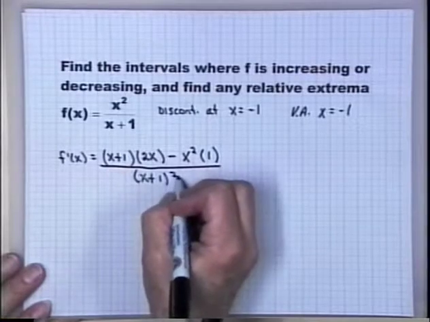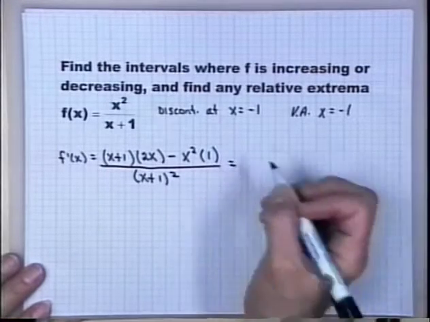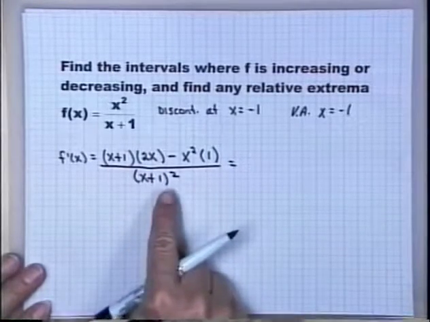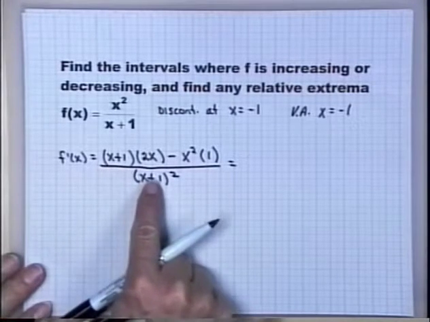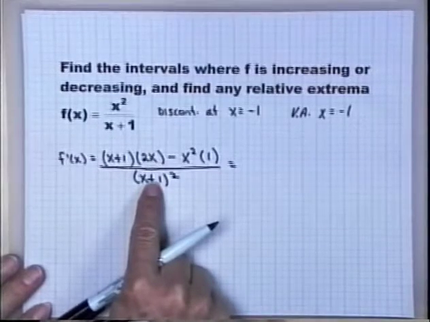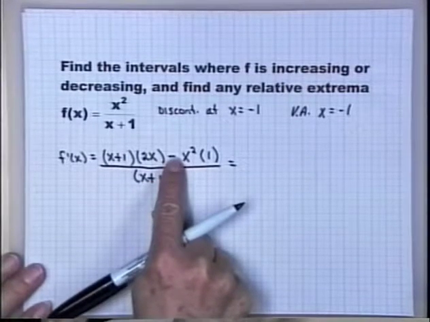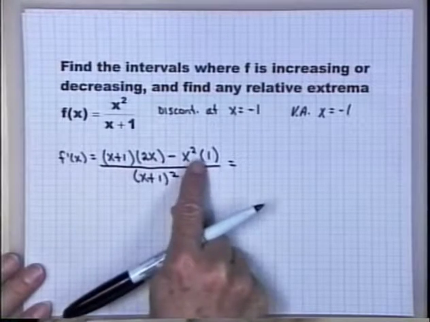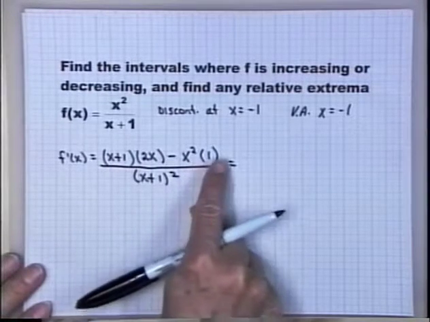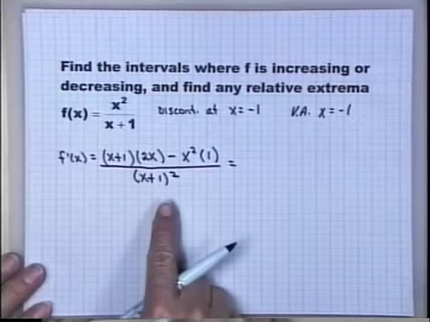Now, the main thing you've got to be careful of here is that not only can you do that quotient rule, but that you can simplify correctly. A lot of students want to cancel this x plus 1 with one of these down here. Can't do that. Notice that subtract sign right there. x plus 1 is a factor of this first term, but it's not in the second term, so it's not a factor of the whole thing, thus you can't reduce it here.